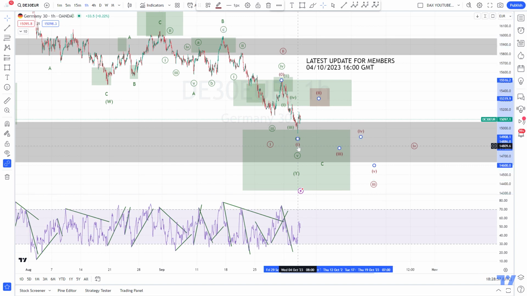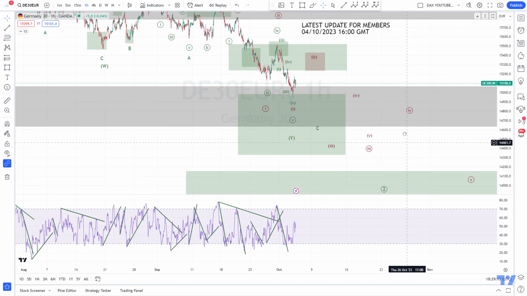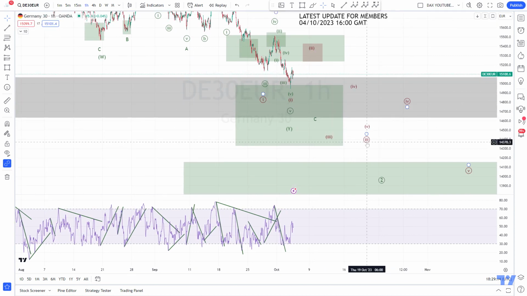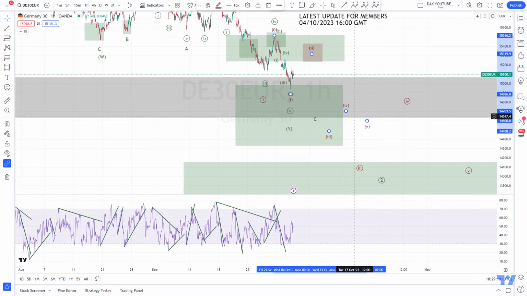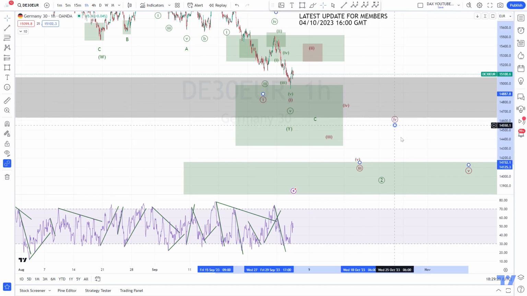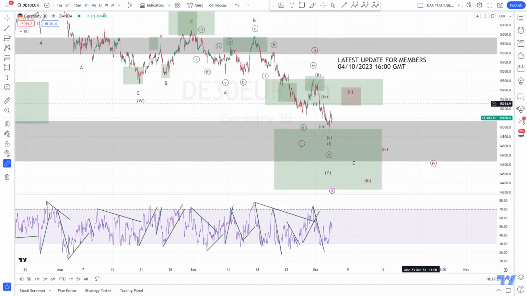So the wave 1 of 3 actually, a wave 2 up, and then we could actually get our strongest move to the downside, a wave 3 of 3, which is then playing out right here, followed by 4 and 5. Wave 3 of this degree is in a wave 4 of the higher degree, and a wave 5 down here, and we are in the wave 2 area. So this is a bit the situation in the DAX, I believe.